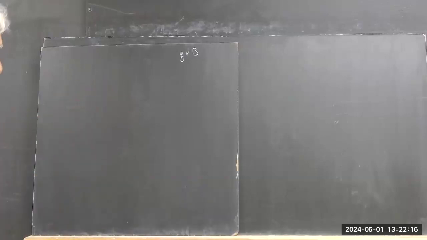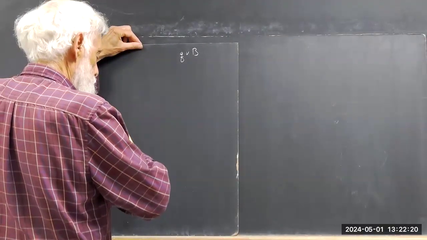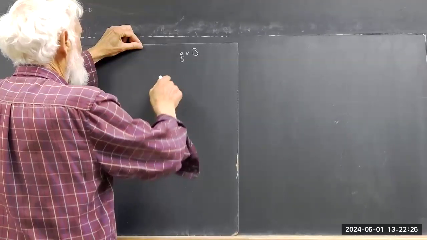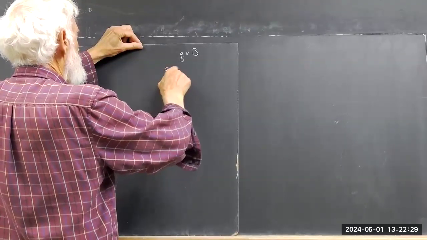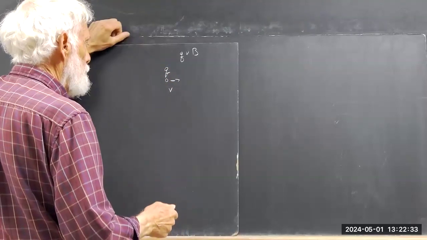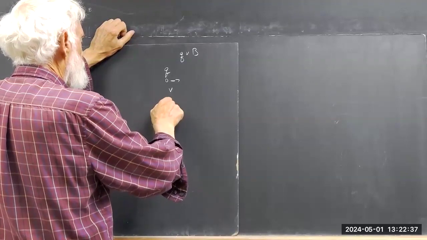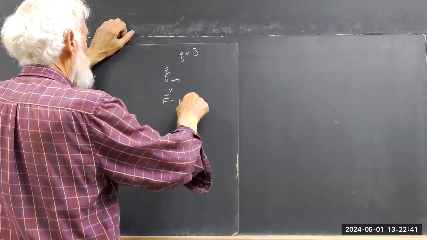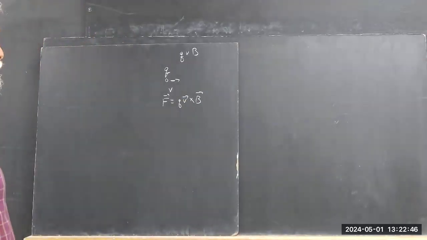QVB is just kind of abbreviation for the fact that if you have charge Q moving with velocity V in a magnetic field, force equals QV cross B.